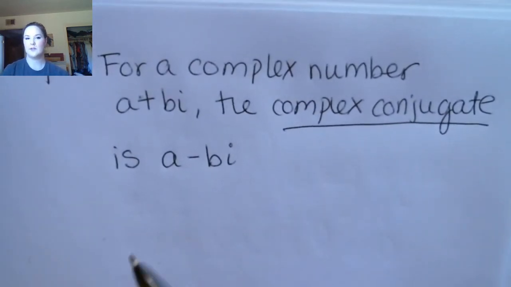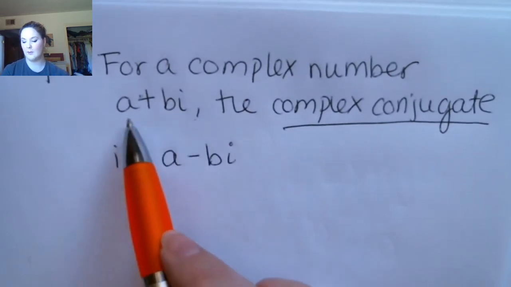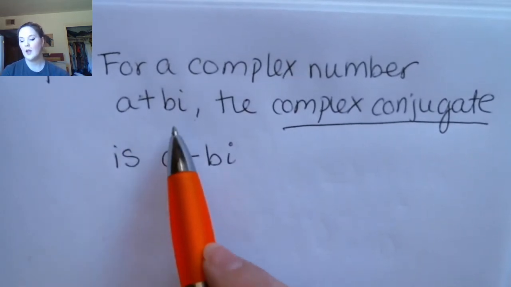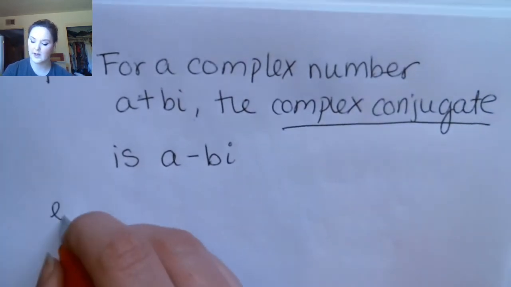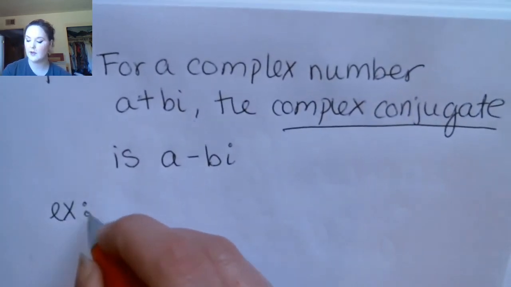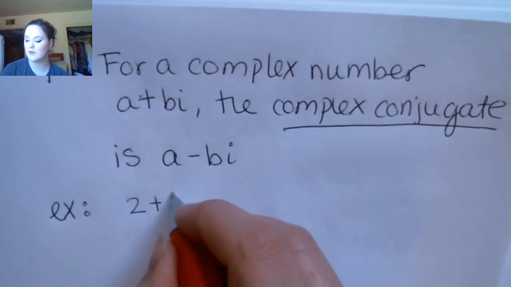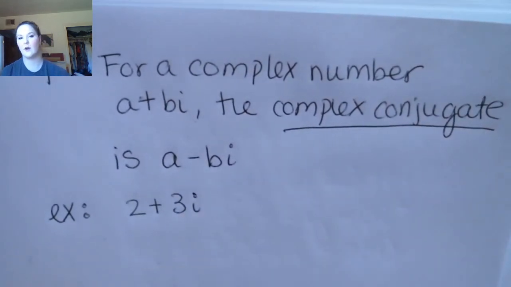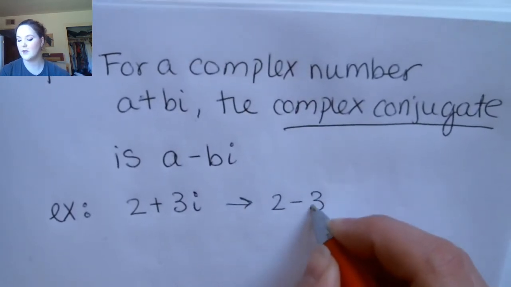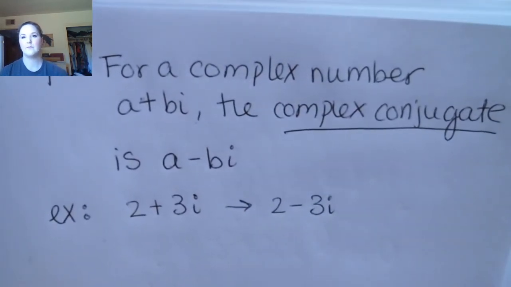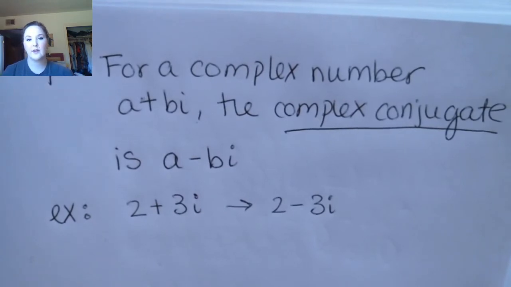You can see that if this is the original number, the real part is the same, and the imaginary part has the opposite sign. So let's look at some examples. You have 2 plus 3i. That was our first example of a complex number. Its complex conjugate is 2 minus 3i. It's not very hard to find a complex conjugate, but it is useful, and one of those uses we're going to see when we do division.